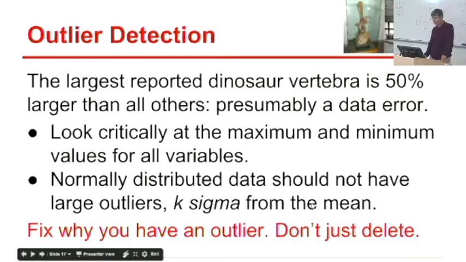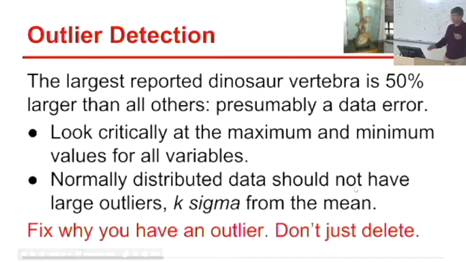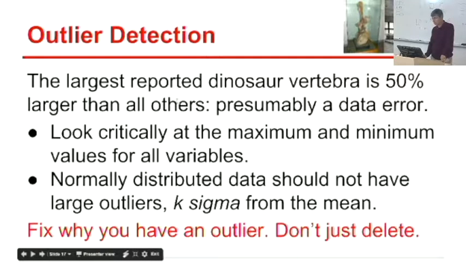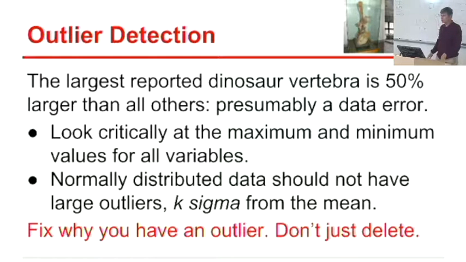If things like length are supposed to be normally distributed, you shouldn't have big gaps between the biggest and the next biggest, okay? So you need to be suspicious of these things: look at the minimum and maximum, plot the distribution, look for points that seem a lot further out than they should be.